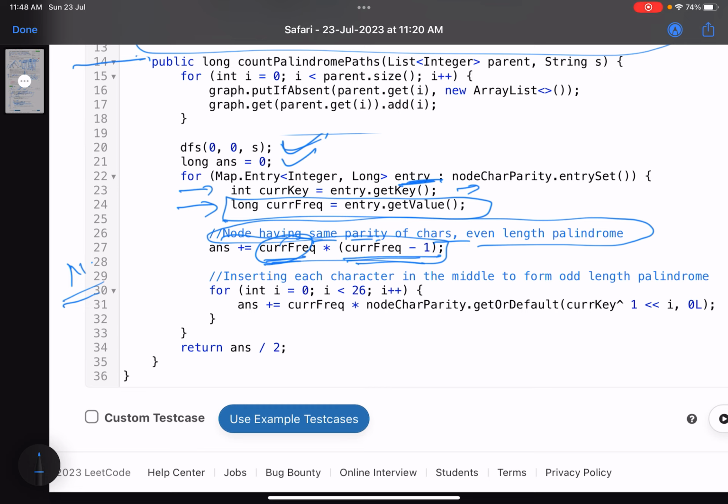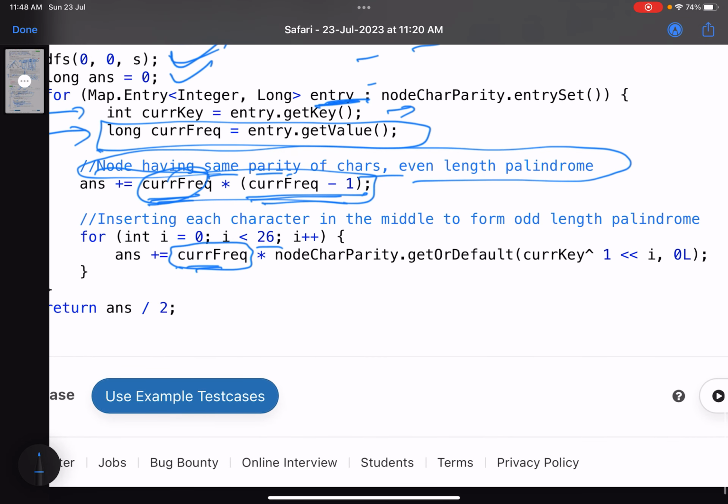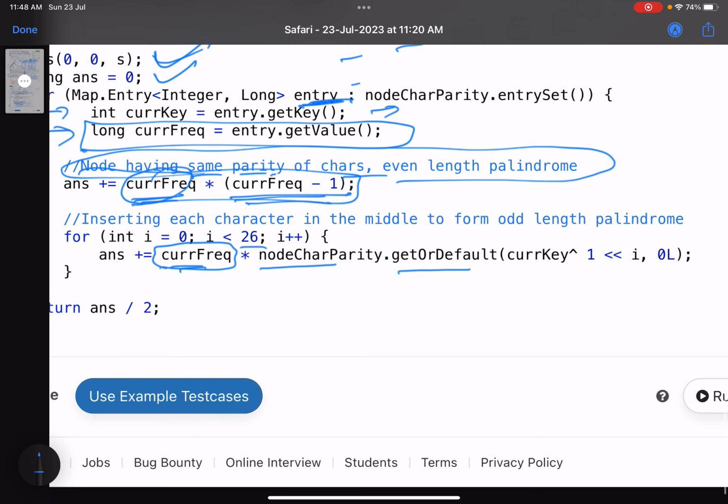Now, for all the 26 characters, we have to check how many nodes have the same parity for all the other characters except for one character at a time. I have 26 characters, so let's do that. This is the number of nodes having the current mask. Now just tweak the mask: nodeCharParity.getOrDefault, whatever the current mask is, take an XOR with the current character. Remember, initially, if I want to tweak the parity of A, it will be 1 left shift 0, that means don't change anything.